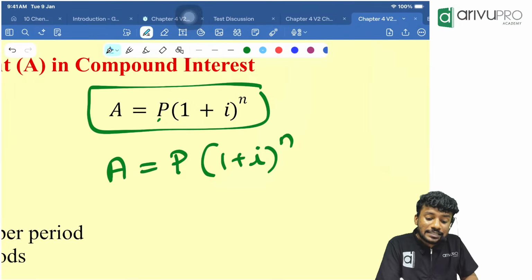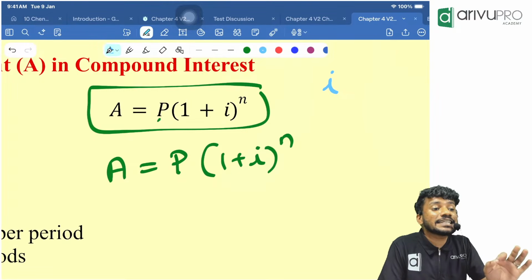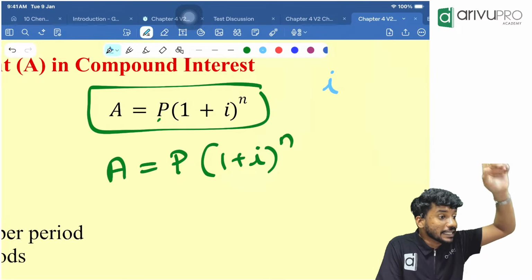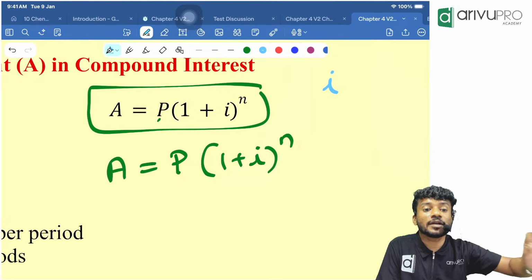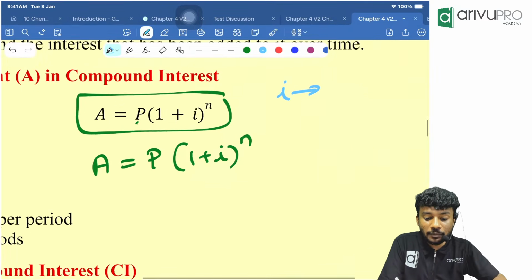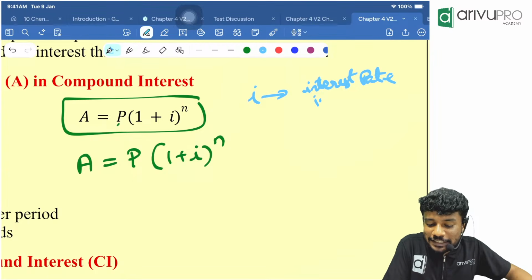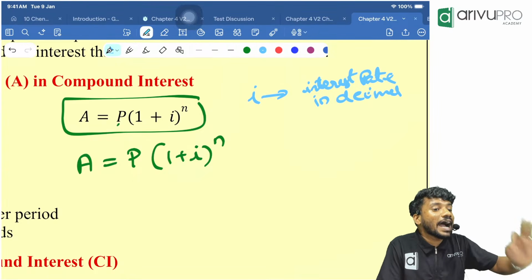This i is our interest rate, R as we studied in simple interest, divided by 100, a decimal value. So i is the interest rate in decimal.